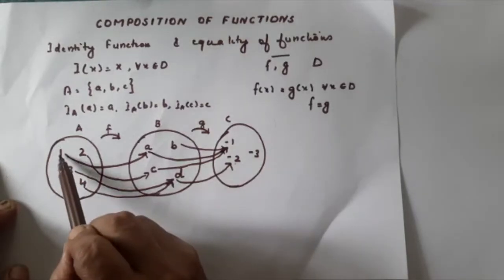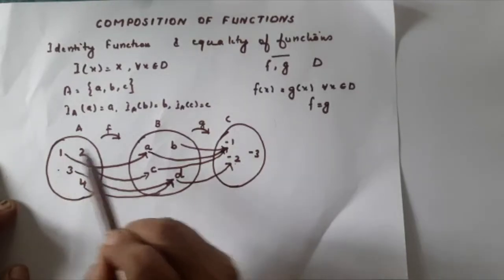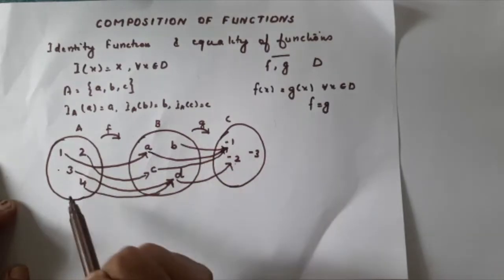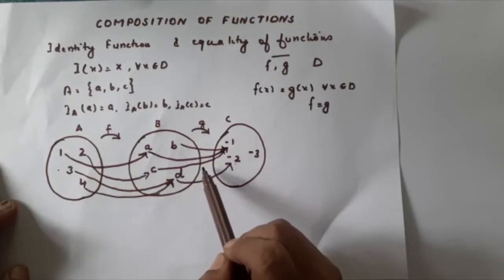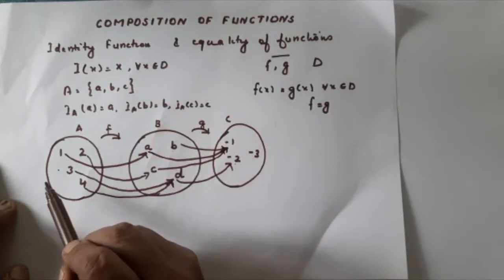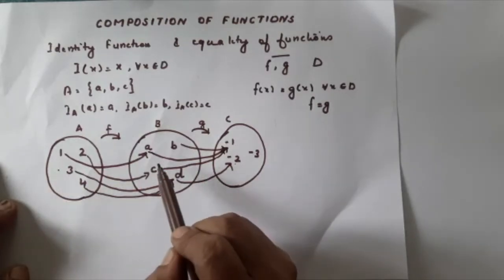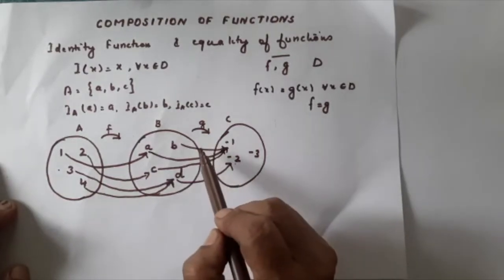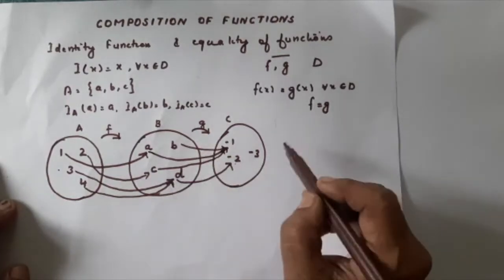That means there is an association from 1 to minus 1, 2 to minus 1, 3 to minus 2, 4 to minus 2. That means each element of capital A is associated to a unique element of capital C in a particular manner. How is this possible?